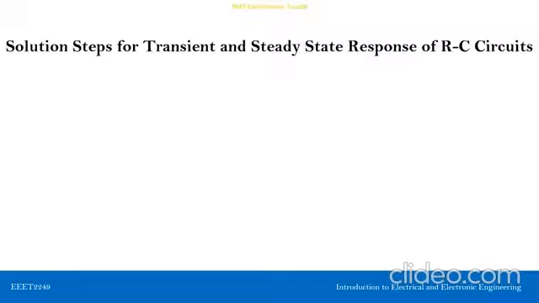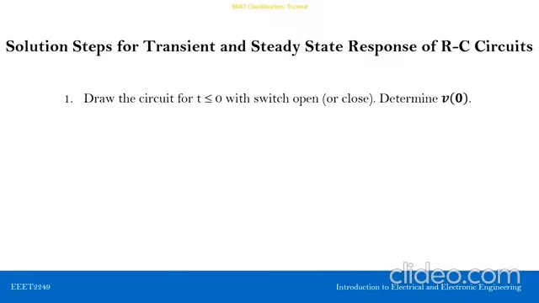Now we will summarize the solution steps for transient and steady state response of RC circuits. The first step, draw the circuit for t less than or equal to 0, either with switch open or closed according to the circuit condition. Then determine V0.